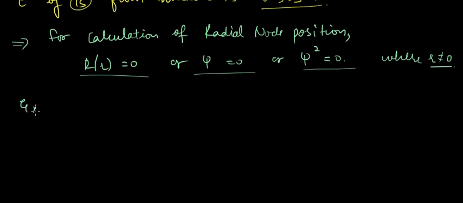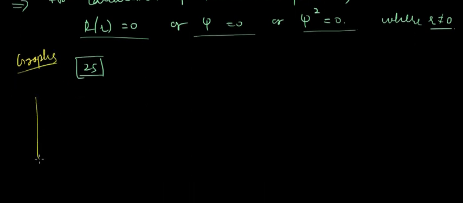So let's see some examples for 2s. We are seeing the graphs, so not examples exactly. Okay, so we have the graph of 4 pi r square R versus r, so it would be something like this.